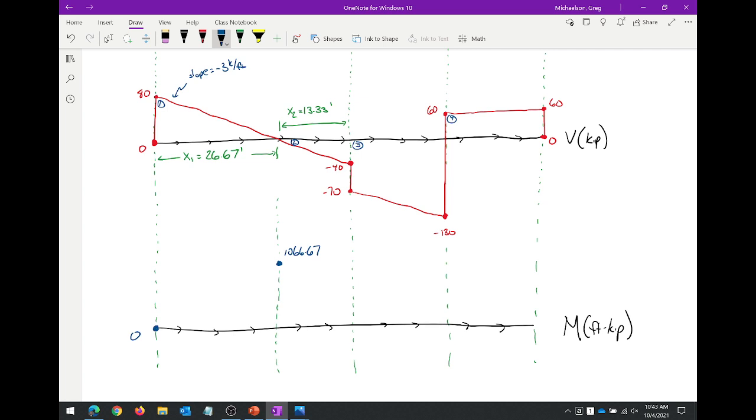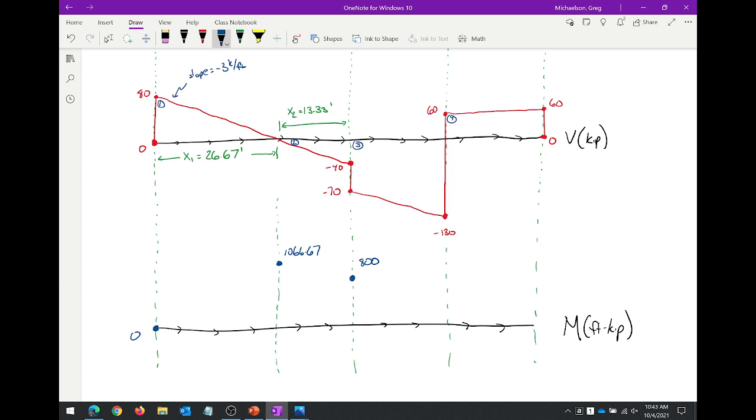All right, now what happens from here to here? I go down, how much? 266.67. So if I'm at this and I go down 266.67, what's that put me at? 800. Does everybody see what I'm doing? Now what's the area of shape 3?